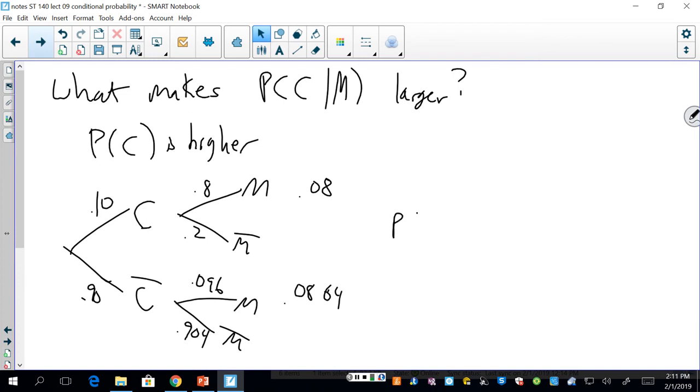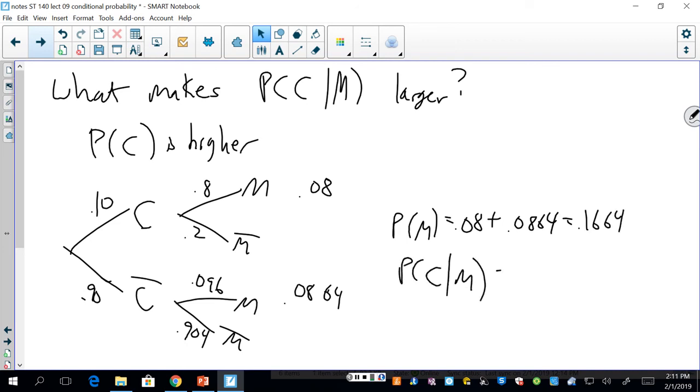So the probability of a positive mammogram is 0.08 plus 0.0864, which is 0.1664, and our probability of cancer, given that the mammogram is positive, is 0.08 over 0.1664, or about 48%.